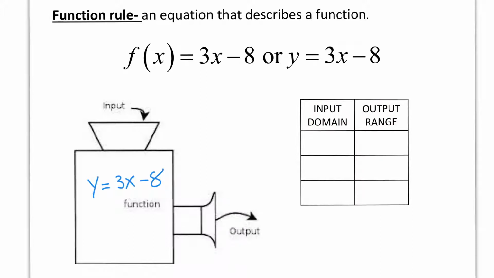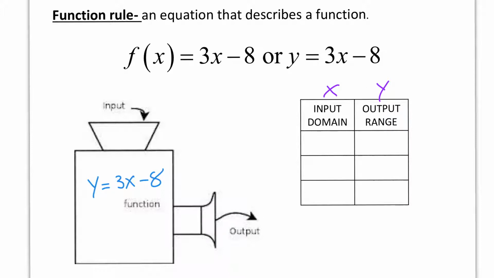So I'm going to put those values here, X and Y. So when you guys make a table, you can actually choose the X values that you want to input, and then you just want to find out what are the Y values. Now, more likely, in your math class, your teacher is going to give you guys a table with the X values already. Usually that's what we do in a math class. But if you guys do not have numbers for X's, you guys can choose any numbers you want.